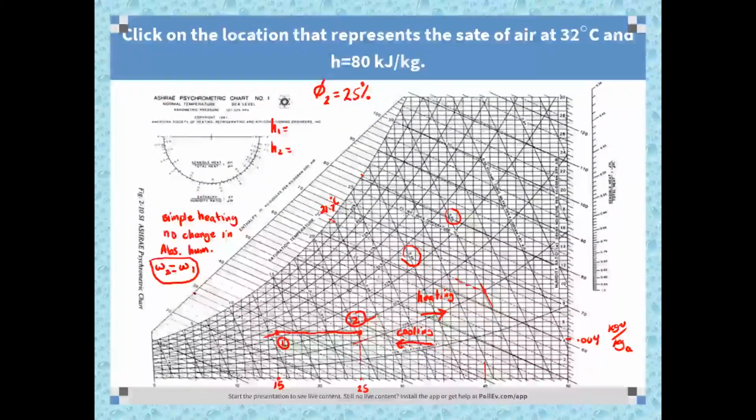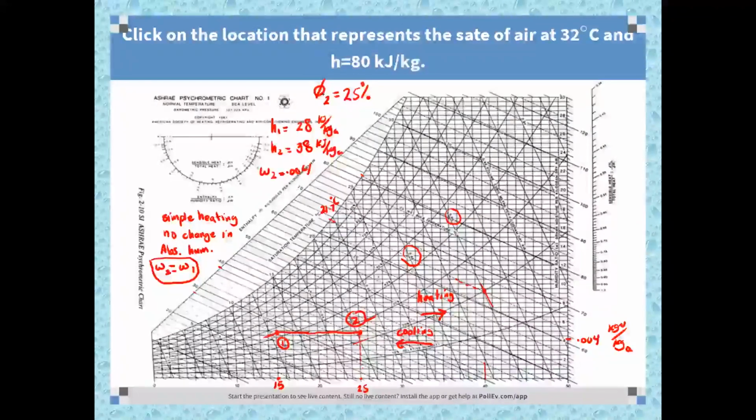So it's around here. Let's say 28. And H2 around here, right? 38. You all agree? Yeah. So that's enthalpy. We identified omega to be, so omega 2 is also 0.004.